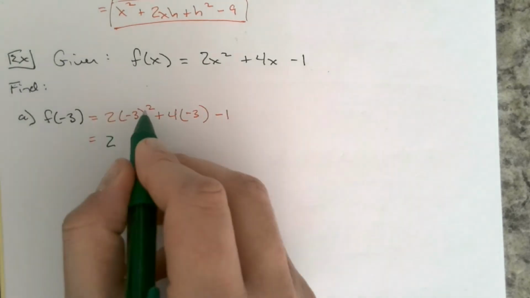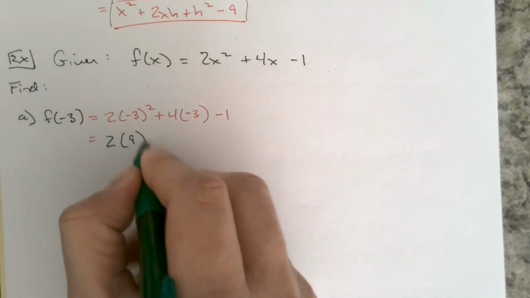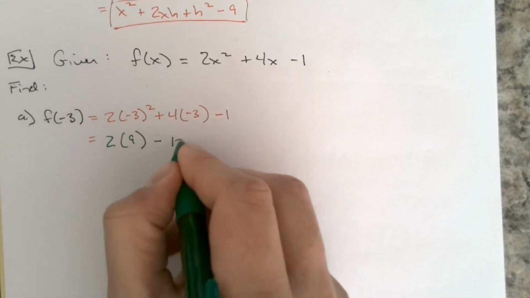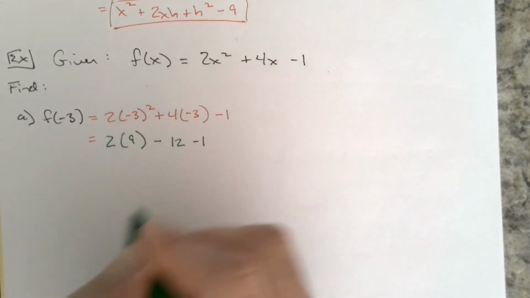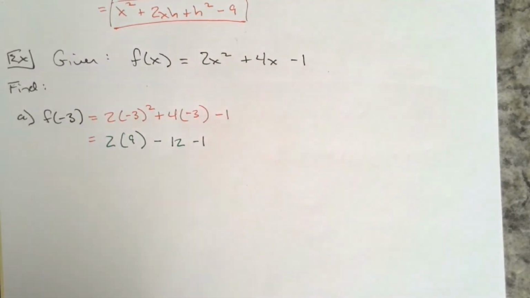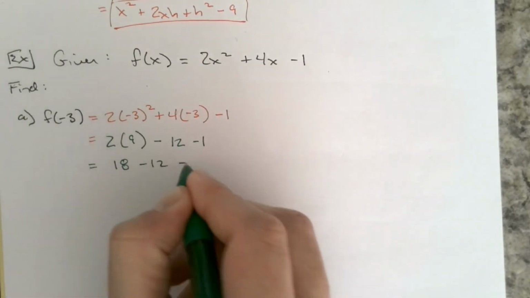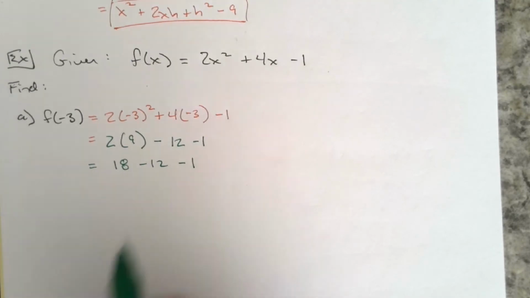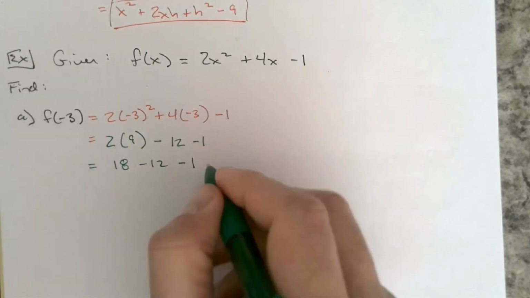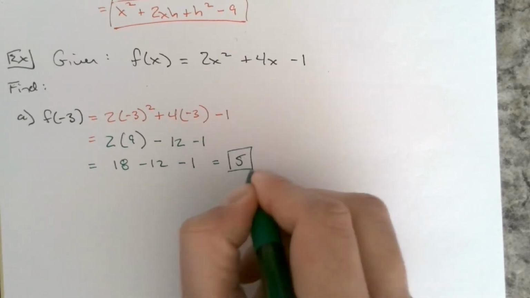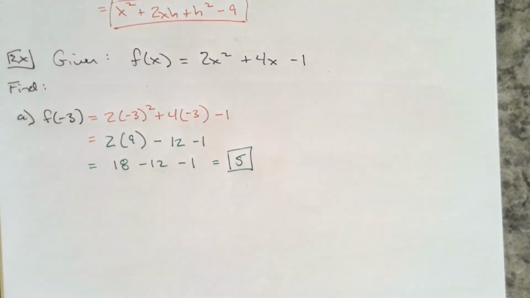So you have 2 times negative 3 squared, so it's 2 times positive 9. Positive 4 times negative 3 makes this minus 12. Minus 1. And then 2 times 9, that'll be 18 minus 12 minus 1. 18 minus 12, that gives us 6 minus 1, this equals 5. So f of negative 3 is equal to 5.